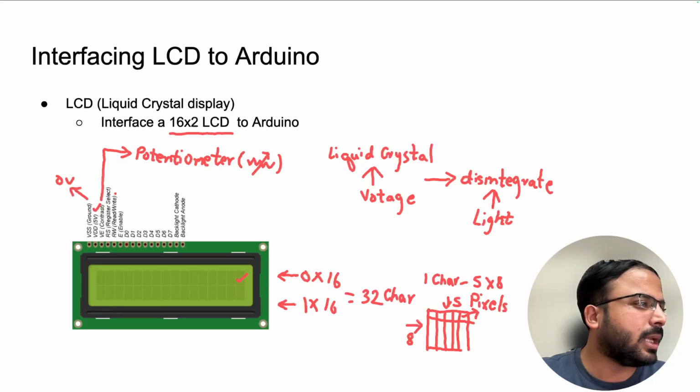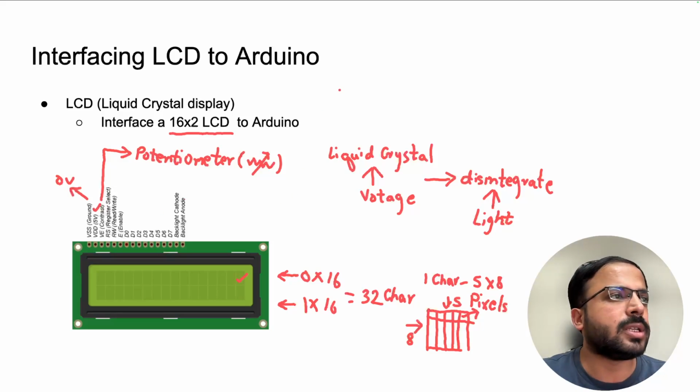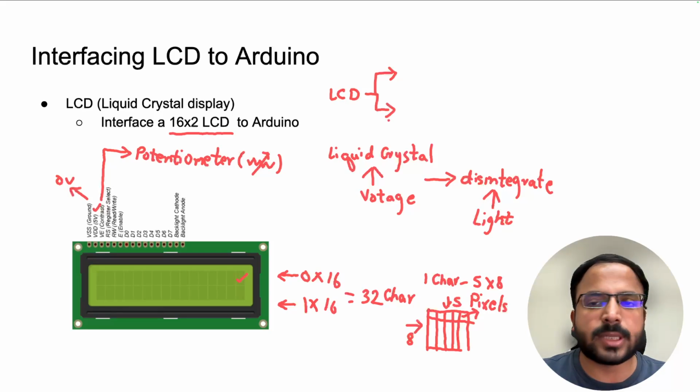Now let's also understand one thing. This LCD has two things: you have to send the instruction, and you have to send the data. You need to understand what state the LCD is in. You can switch the LCD off, switch it on, and so on.